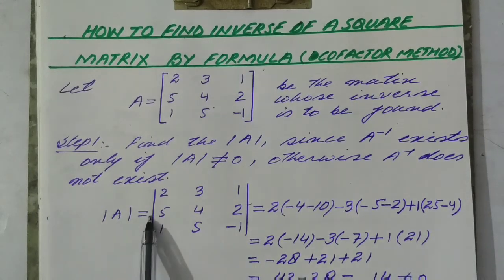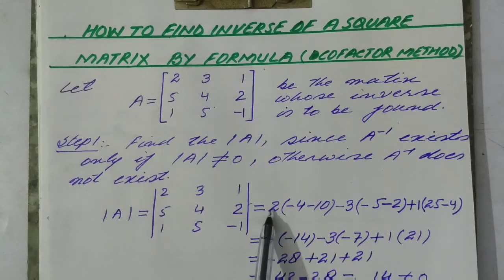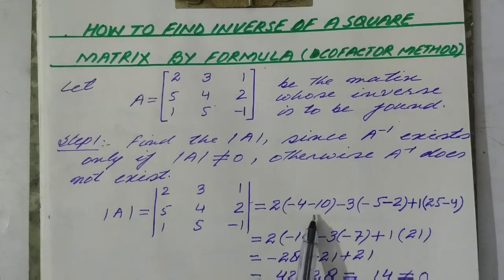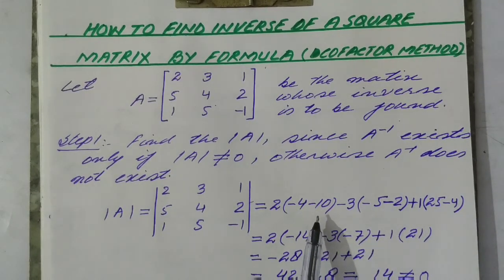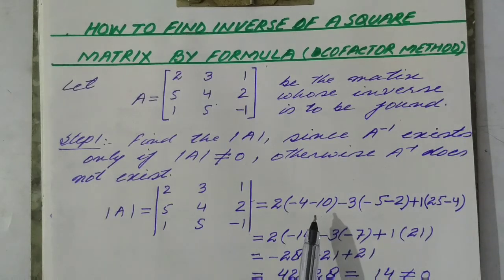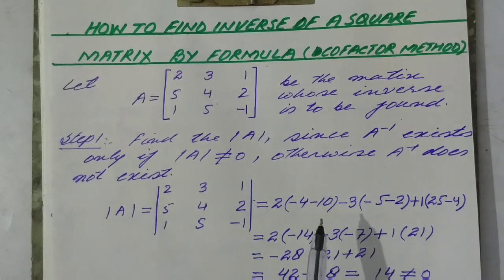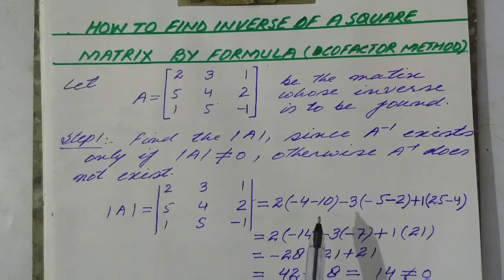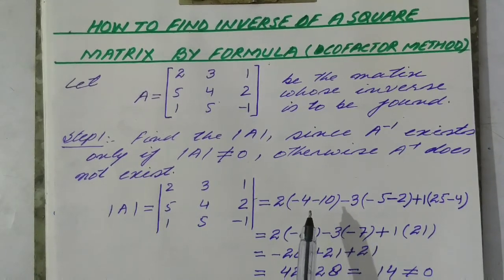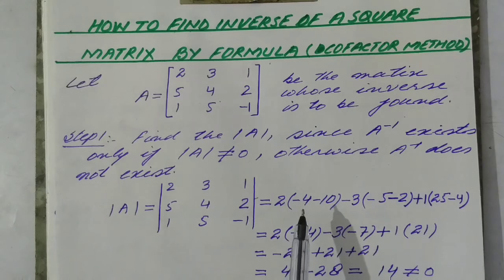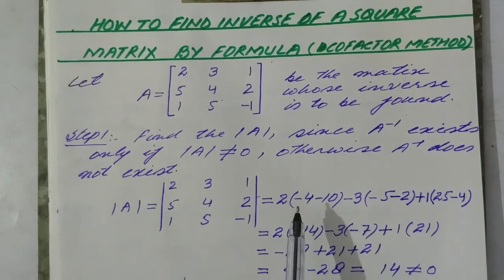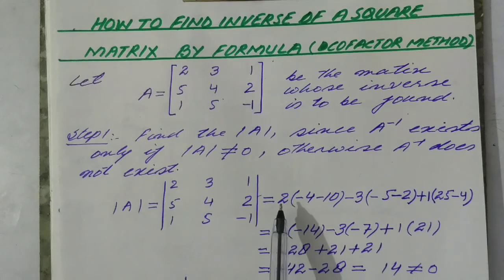Here I am going to find the determinant of A with the help of the first row. I have written 2, the first element of the first row, and in brief I will remind you how to find the determinant of a square matrix.